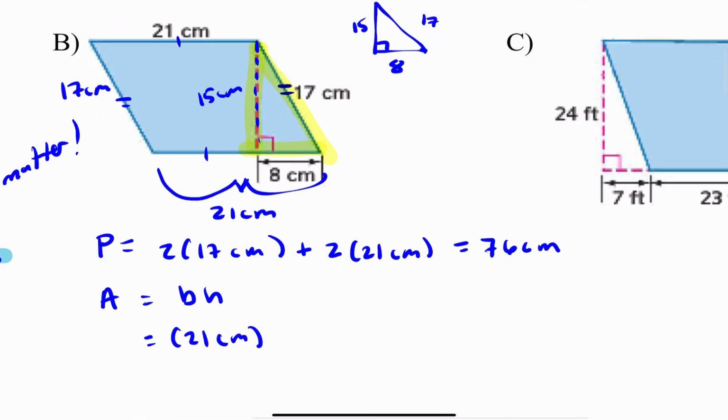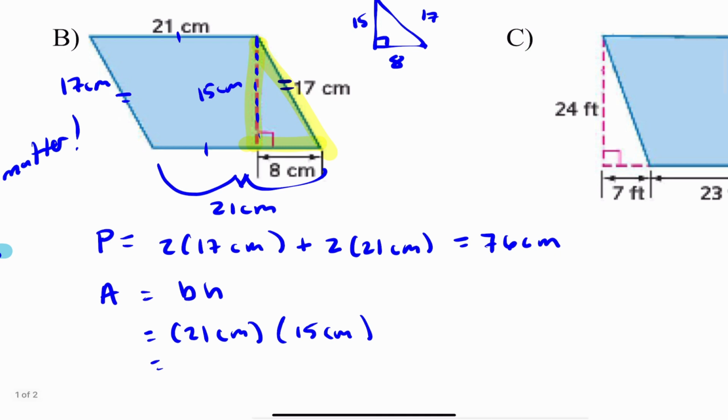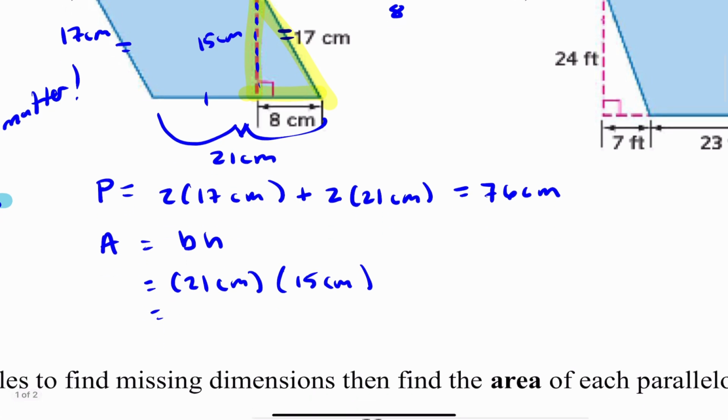Now that I figured out the height of the parallelogram, I can plug that in. So I have 21 times 15, which is 315 centimeters squared. So these are your two answers.